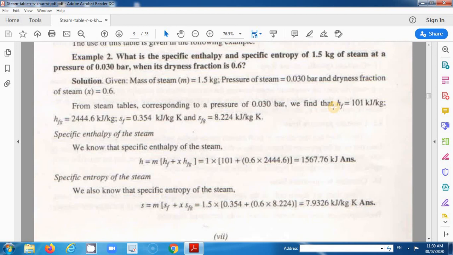Take the example: calculate the specific enthalpy, volume and density of 1 kg of steam at a pressure of 1.9 megapascal having a dryness fraction of 0.85.